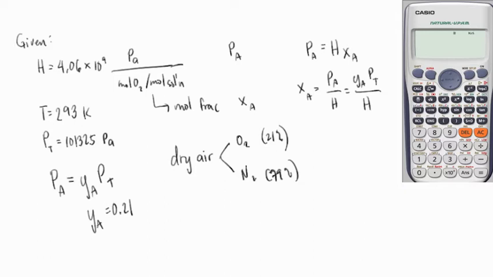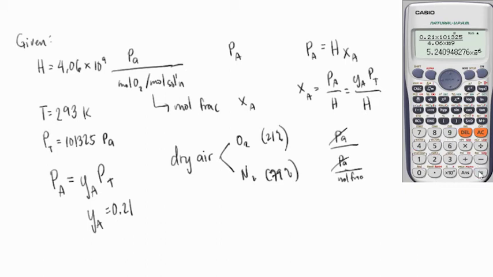If you take a look at the cancellation of units, in the numerator, your unit is pascal. In the denominator, the unit of H is pascal per mole fraction. Pascal cancels, and you will be left with mole fraction. Substituting, we have 0.21 multiplied by 101,325 divided by our Henry's law constant 4.06 times 10 raised to 9.